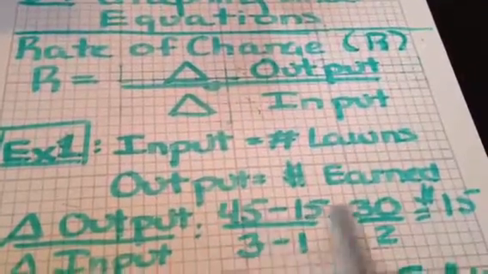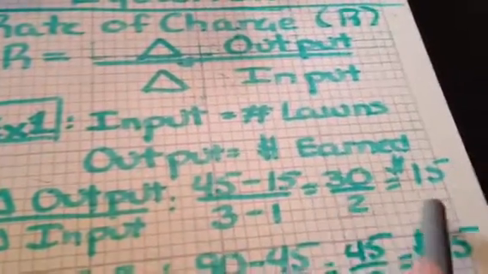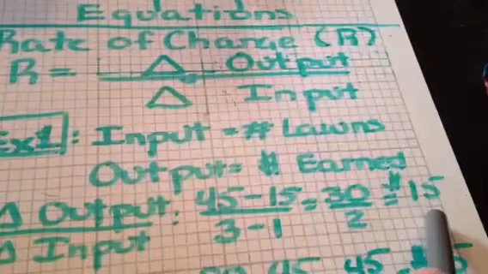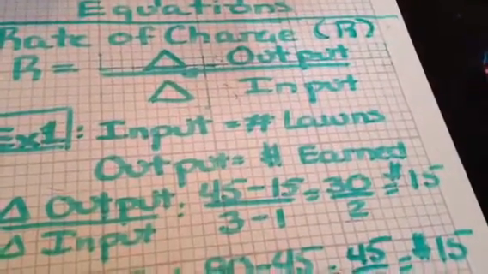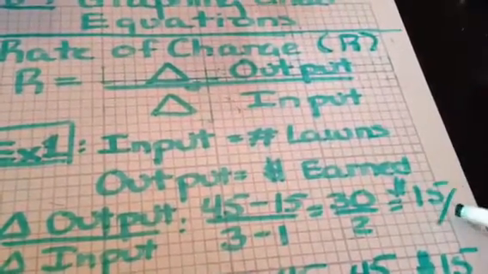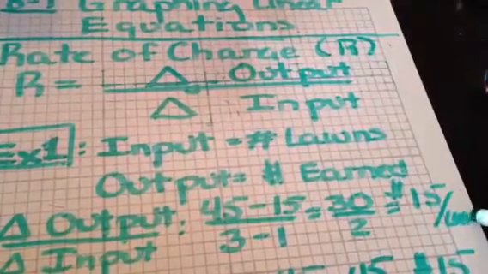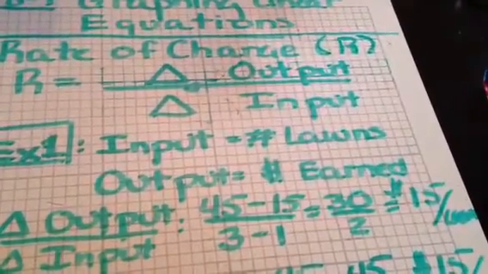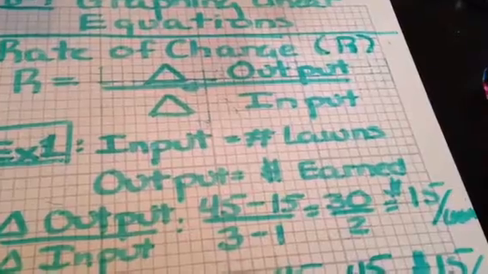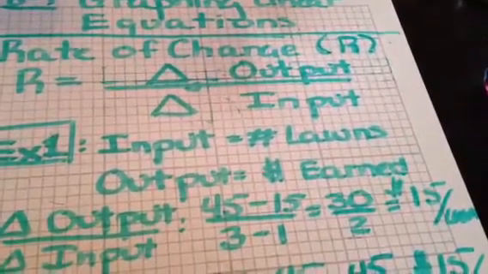So when you find the change of that, that becomes 30 over 20, and it becomes a $15 per lawn rate. There's always going to be a unit on the bottom and a unit on the top for a rate. Okay, so that's per lawn mowed.